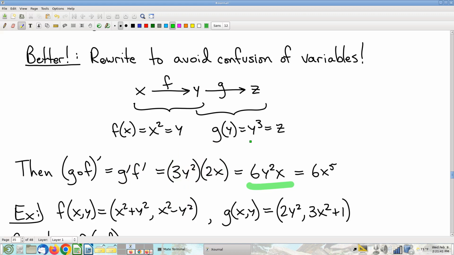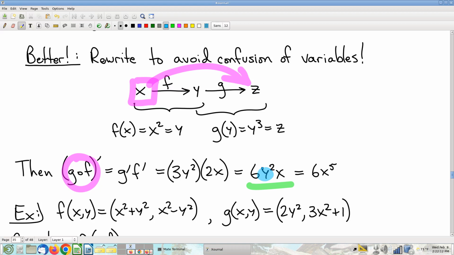And then you realize, I've got an answer here in terms of two variables, but the composition whose derivative I want to compute is a function of just x. So I need to write its derivative in terms of just x. And wait a second, what is this other thing here? I've got a y there.